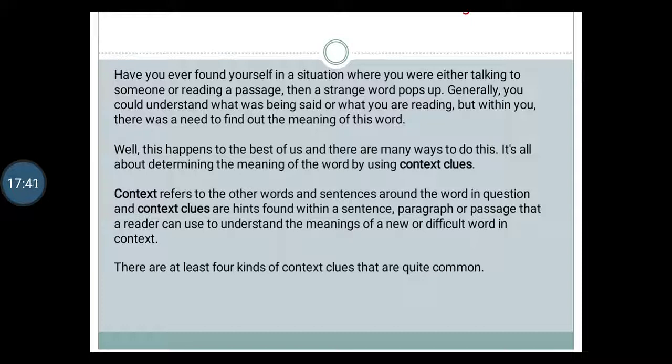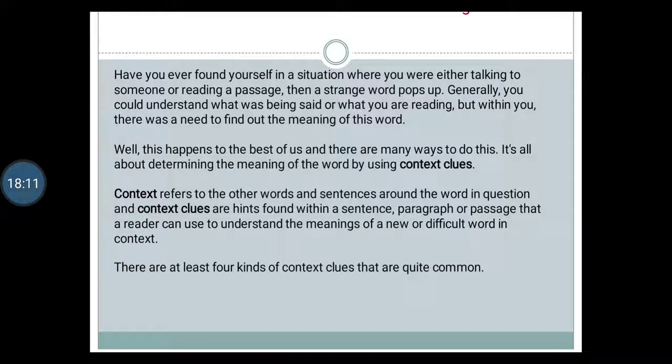And there are many ways to do this. It's all about determining the meaning of the word by using context clues. Now, a strange word pops up in a conversation. You're having a conversation with someone and the person says something you've never heard before, or you are reading something and you see a word you've never seen before, or you don't understand the meaning, and there's no dictionary around to go through to know the meaning of this word.